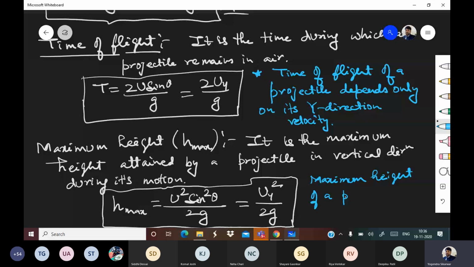So the maximum height of a projectile depends only on its y direction velocity. Noted? Very nice.